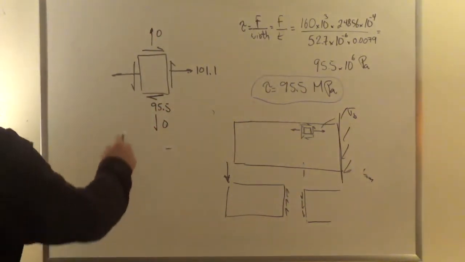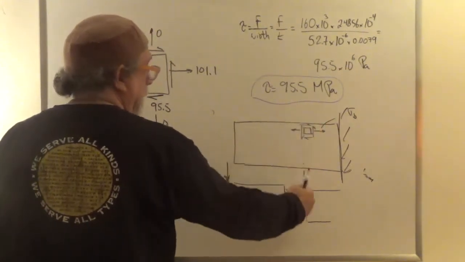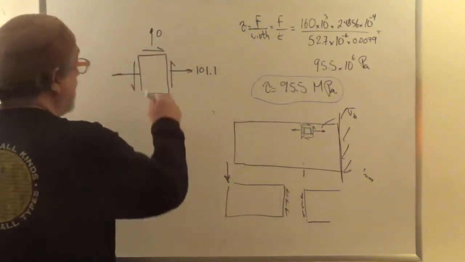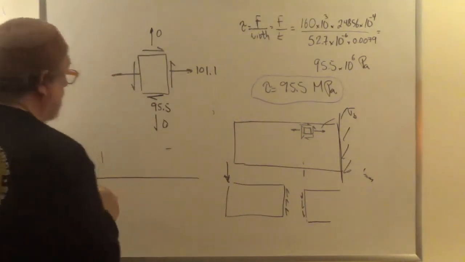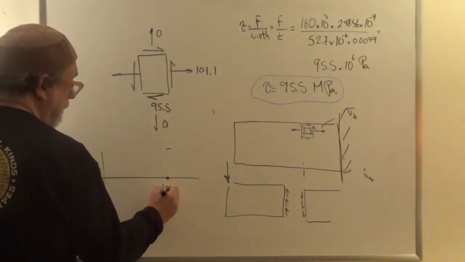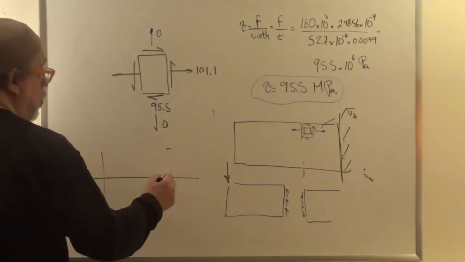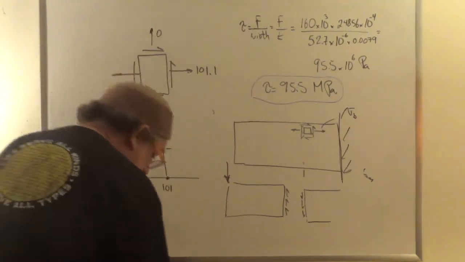So if we now realize that our element here has these shear stresses and normal stresses, we can go and say, okay, let's look at our Mohr circle. So in the X face we have 101 tension with 95 shear. Oh wait, what is that shear? Is it plus or minus?